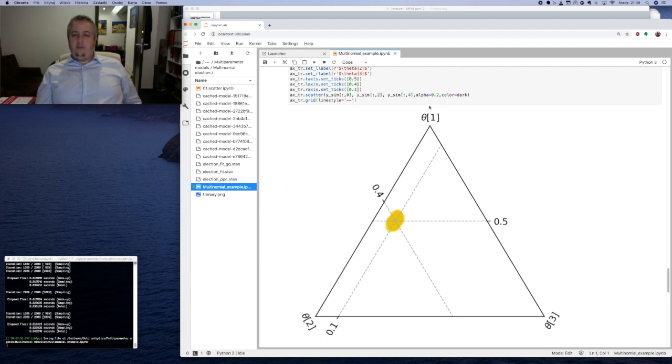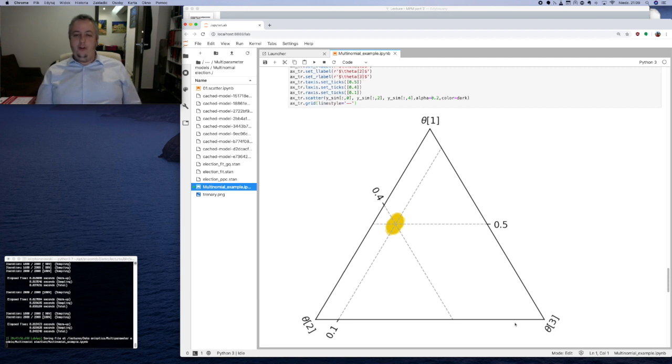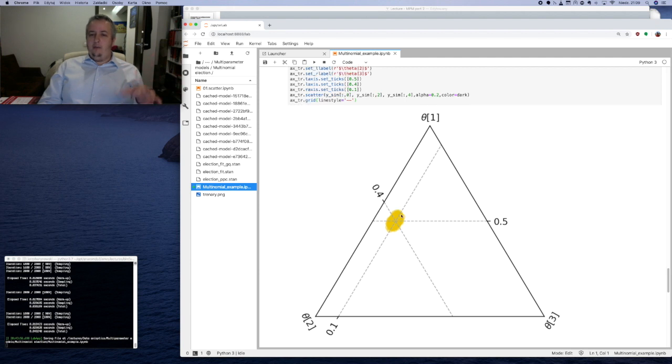You can see the values of theta1 are located on this axis, of theta2 on this axis, and of theta3 on this axis. This is something you need to get used to in order to read those plots, but as you can see, we have a very nice concentration of samples here. So our model gives us location.